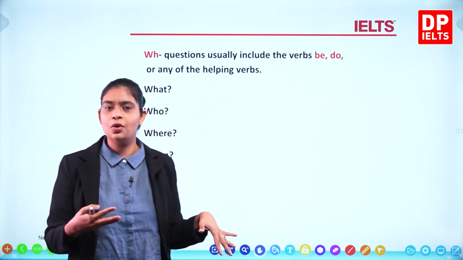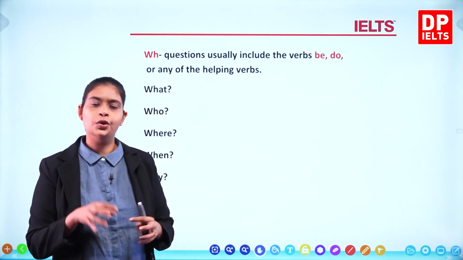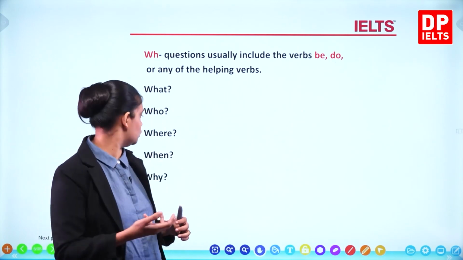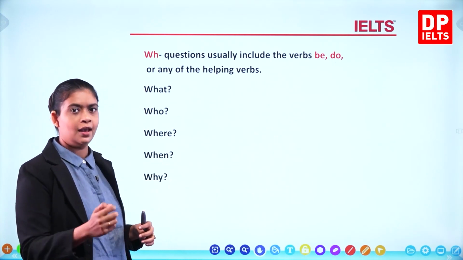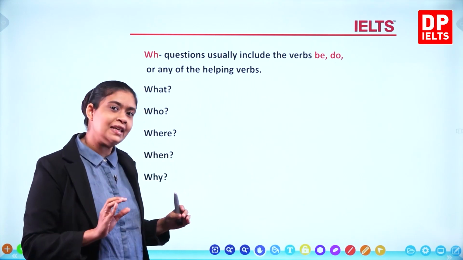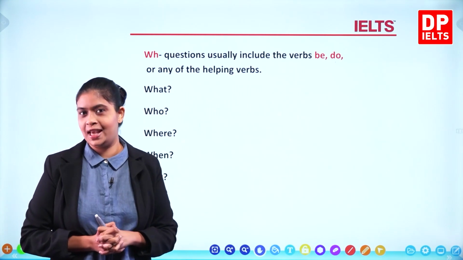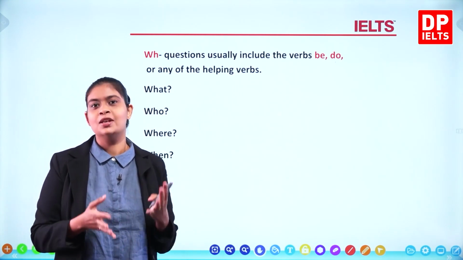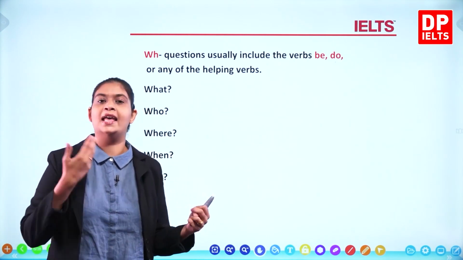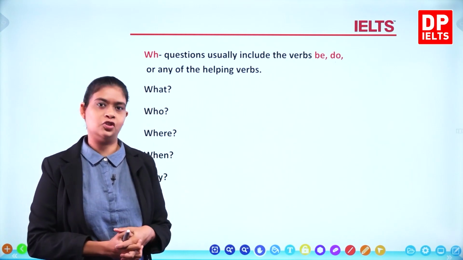Later on, if you go online or if you have a look at more question tags, you will see that you have whose, whom, which, different WH question tags. So please remember, these are not the only WH question tags. I have taken it so that it is easier for you to understand at the beginner level and then improve and get more knowledge when you are doing the other question tags, right?